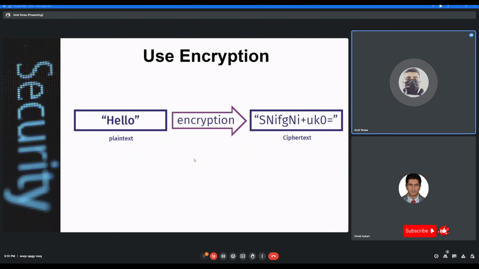Use encryption. Encryption is a technique that protects the data transmitted over a network from being intercepted and read by unauthorized users. By using encryption, you can prevent attackers from using MAC spoofing to intercept and read your network traffic.